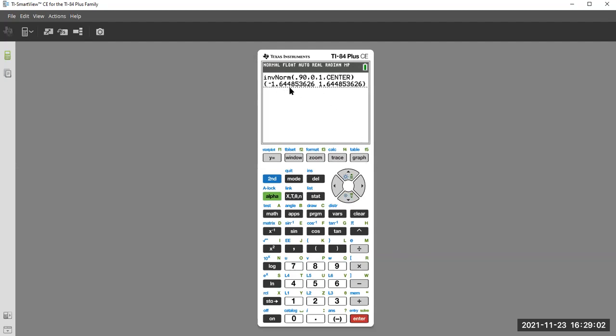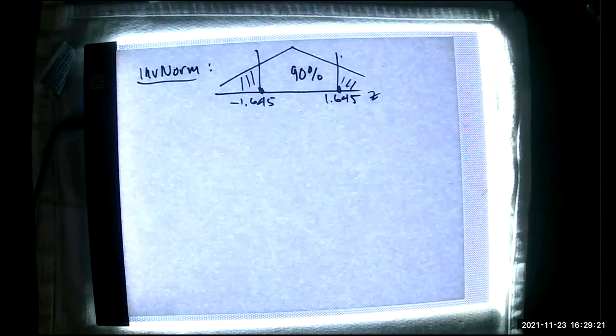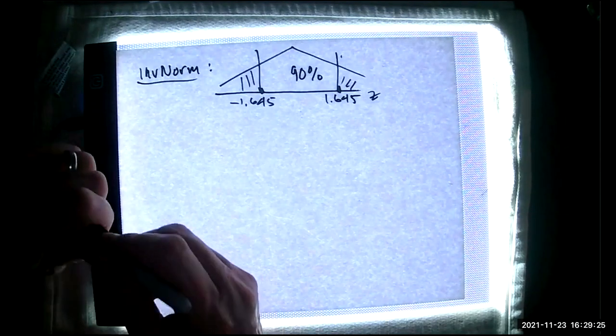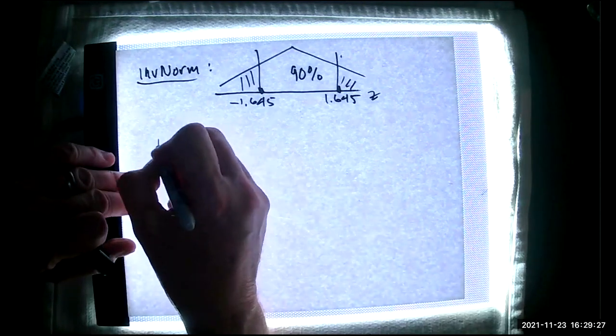Plus or minus 1.6448, so the 8 makes this a 5. That's my Z alpha over 2.